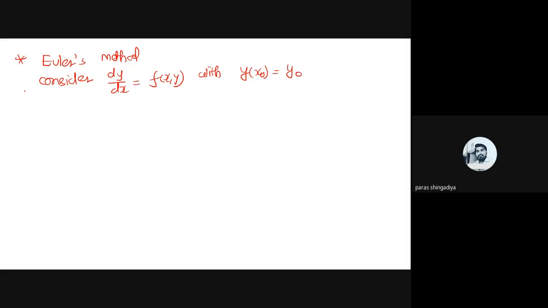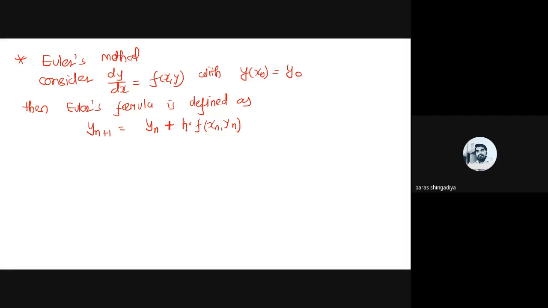Euler's formula is defined as y(n+1) is equal to yn plus h into f of xn, yn. Here h means the step size.